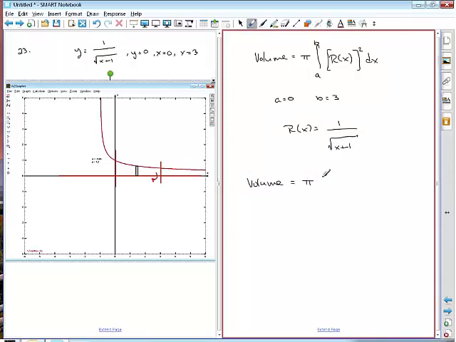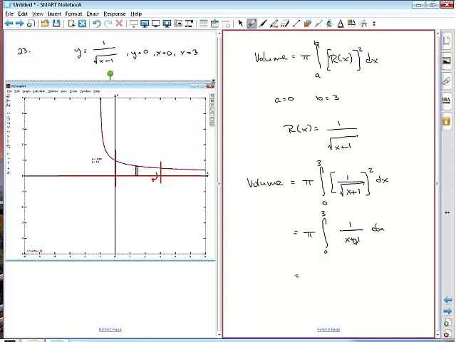So we have pi, the integral from x equals 0 to x equals 3 of the quantity 1 over the square root of x plus 1 quantity squared dx. So we multiply out. So we'll just get 1 over x plus 1, the whole thing times dx. So 1 squared is 1, and the square root of x plus 1 squared is just x plus 1.